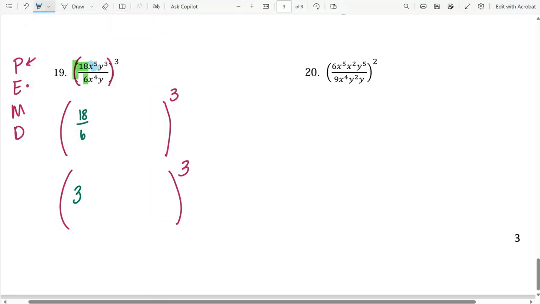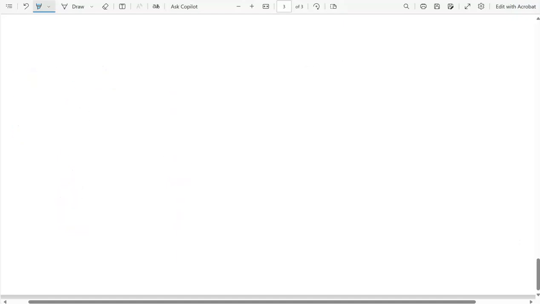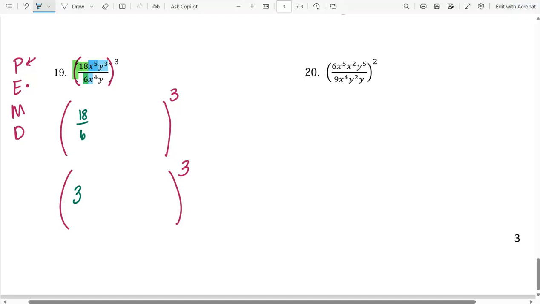I have x to the 5th and x to the 4th. Sorry y'all, I don't know why my computer's wanting to throw a fit right now. That x to the 5th and x to the 4th can be written as a single x, and because of division, I'm going to subtract those exponents, giving me x to the 1.